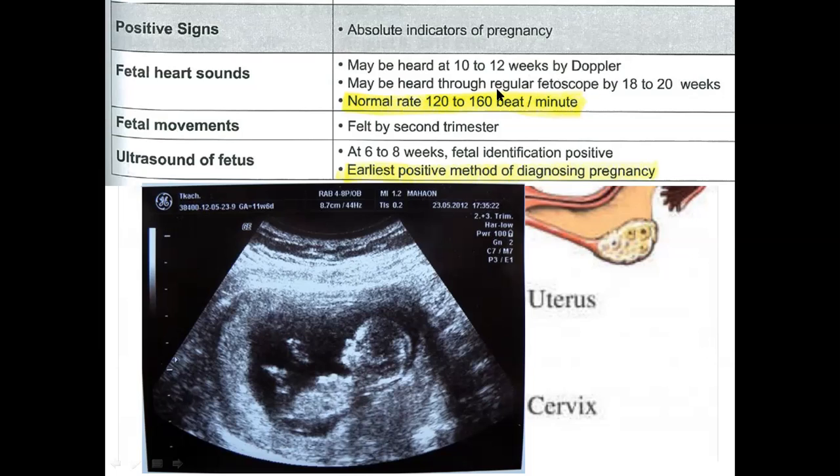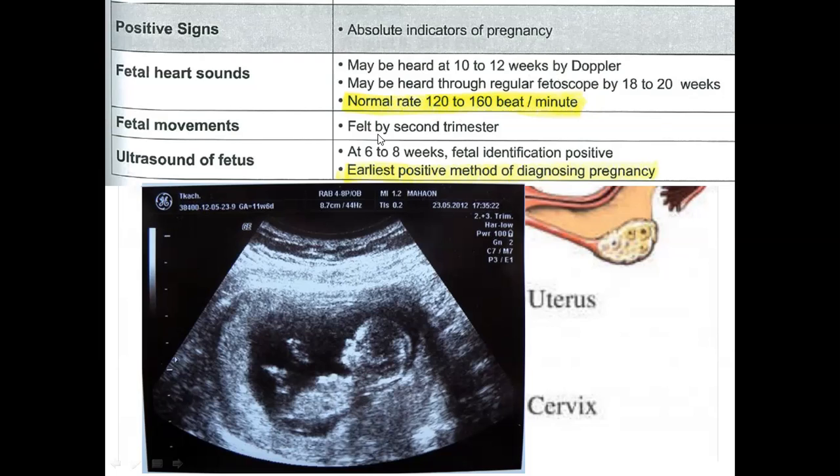It may be heard through a regular fetoscope at 18 to 20 weeks. Normal heart rate in case of an infant is 120 to 160 beats per minute, whereas in a normal adult it is 60 to 90 beats per minute.